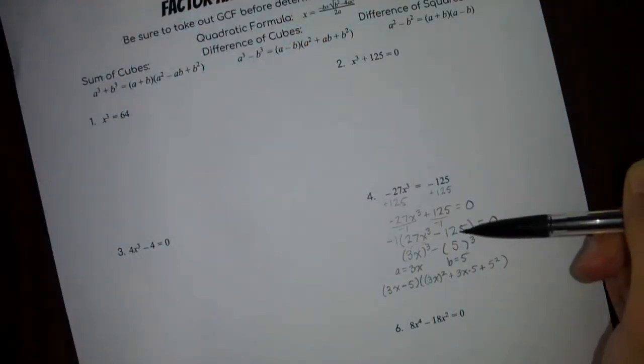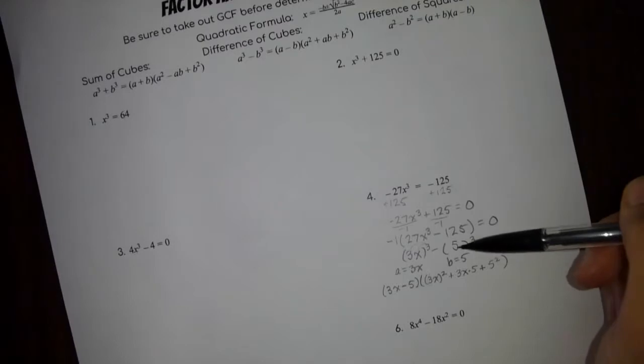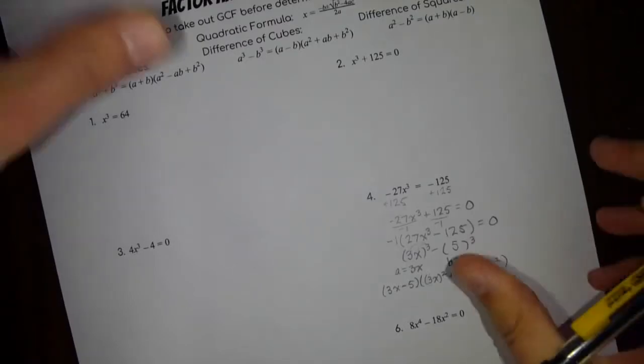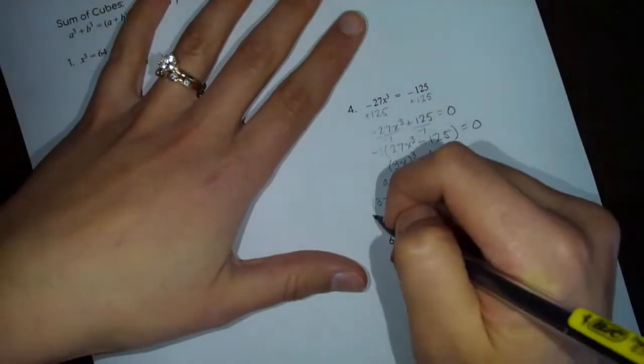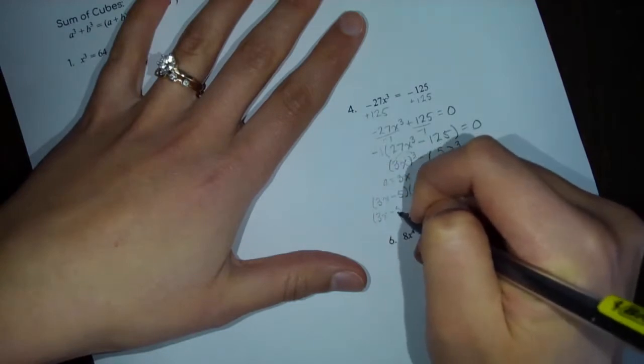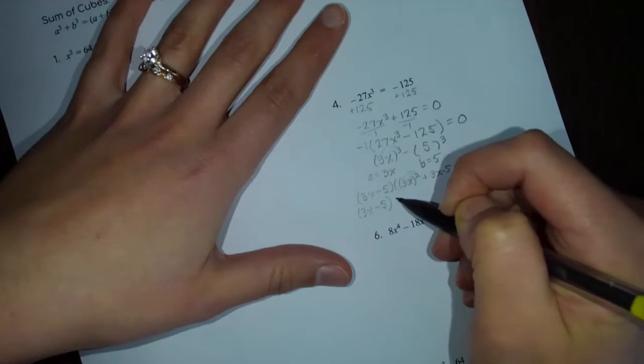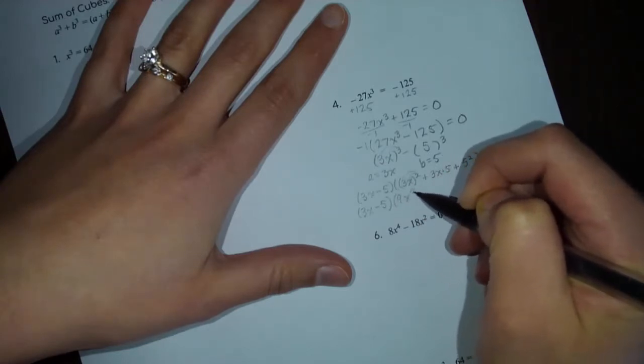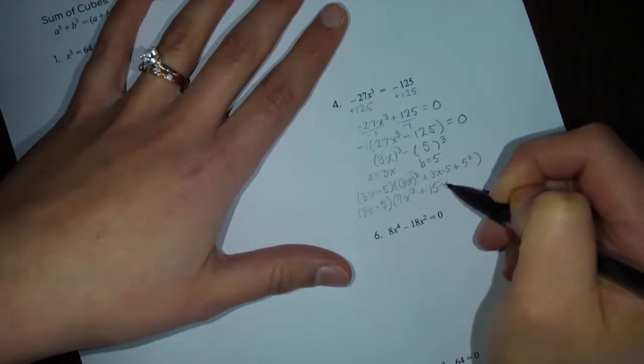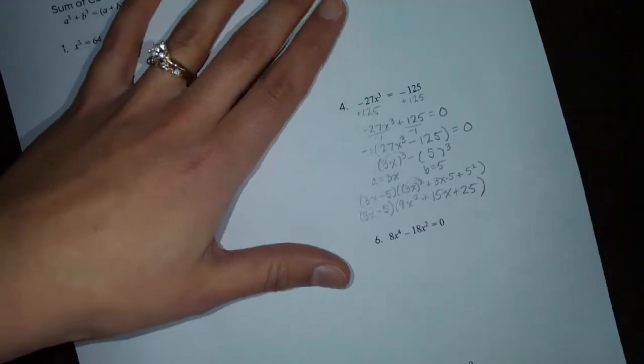It might be negative 25, but we just use a positive regular 5 in here. I'm going to rewrite this and square what needs to be squared. So (3x) squared, this exponent will go to both terms to become 9x squared plus 15x plus 25.